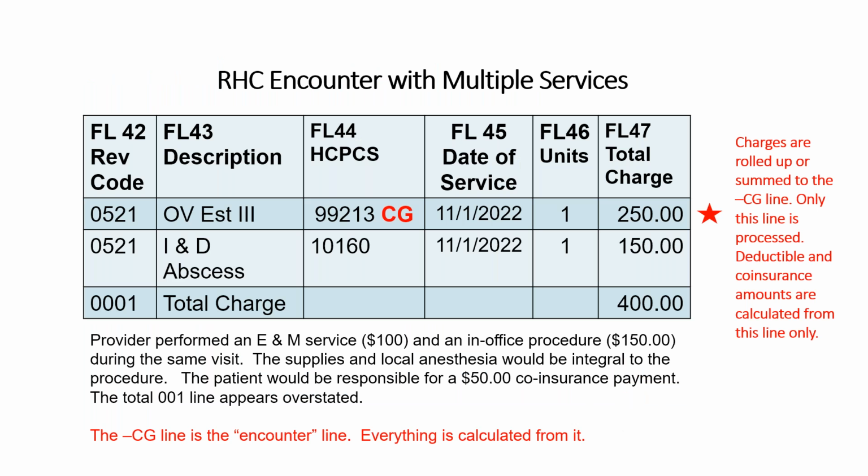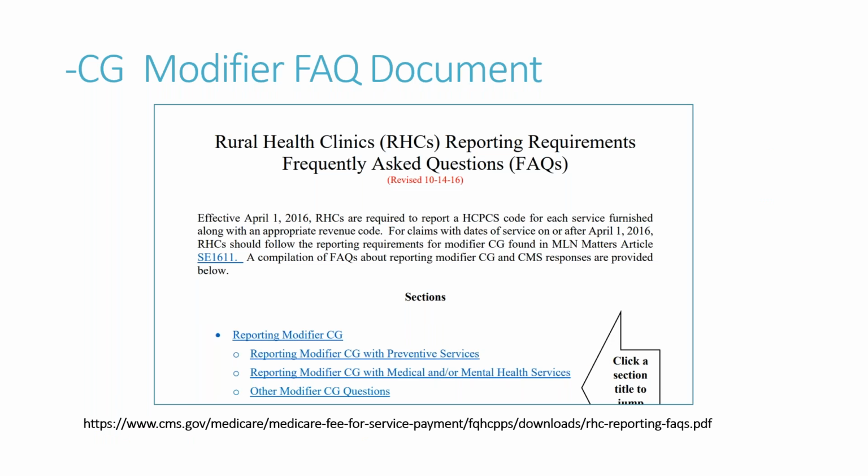So here's an example of the CG modifier and the charges rolling up. This is a great CG modifier FAQ document, and I've put the link at the bottom of this slide. I have heard that this document may be taken down off of the CMS website, even though it is still valid.